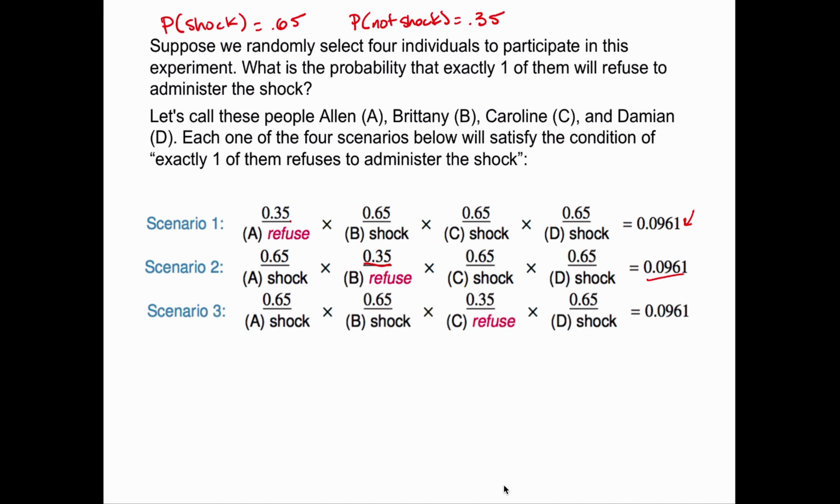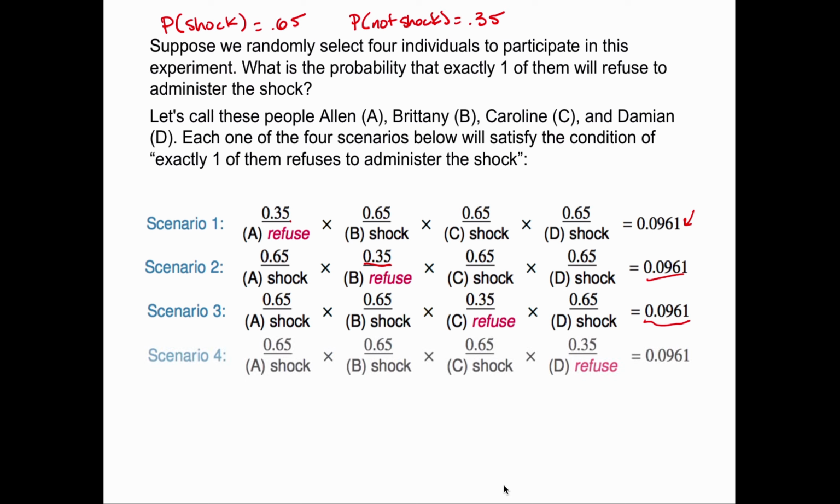Scenario 3, Caroline refuses, and everybody else does it, which is, again, 0.0961. And scenario 4, Damien refuses, and everybody else does it, and that's the same probability again.